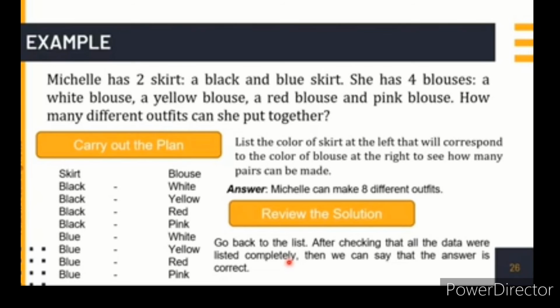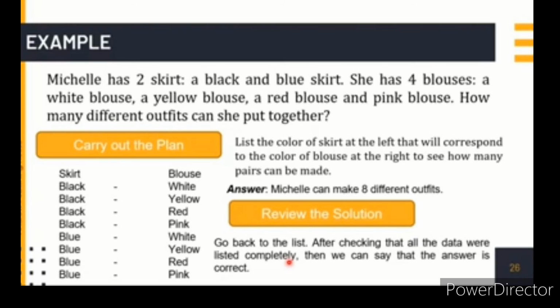We need to list the color of the skirt at the left that will correspond to the color of the blouse at the right, to see how many pairs can be made. So as we can look, for the black skirt we have 4 blouses that can be put together. The black skirt, pwede natin siyang i-pair sa white blouse, black skirt in yellow blouse, black skirt in red blouse, black skirt in pink blouse.